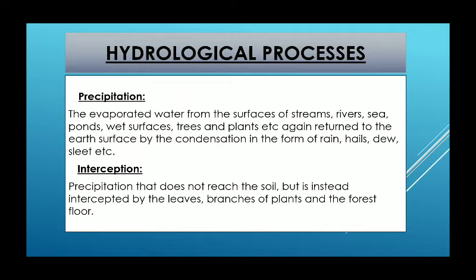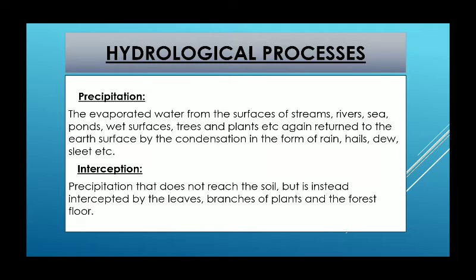The interception storage capacity of the vegetation varies with the type and structure of the vegetation and with meteorological factors. Measurements have shown that up to eight millimeters of rainfall can be intercepted by some vegetation canopies.